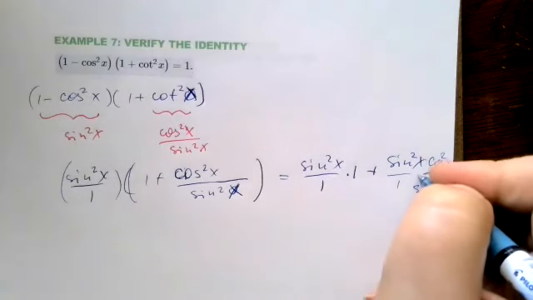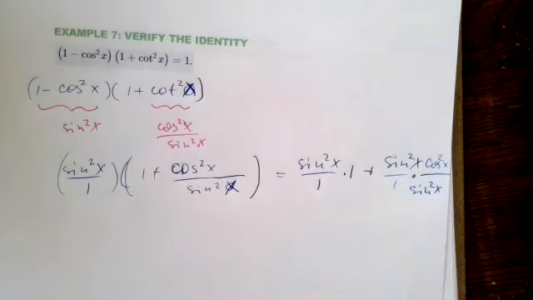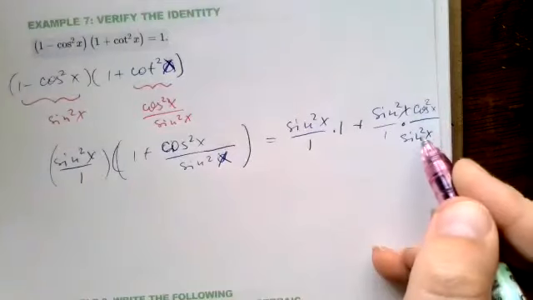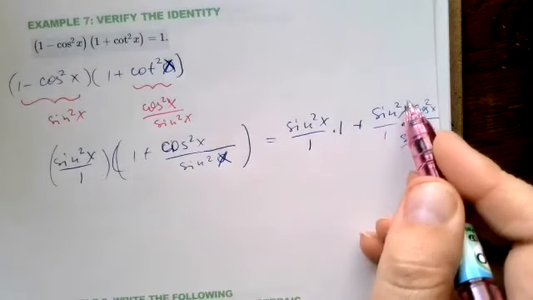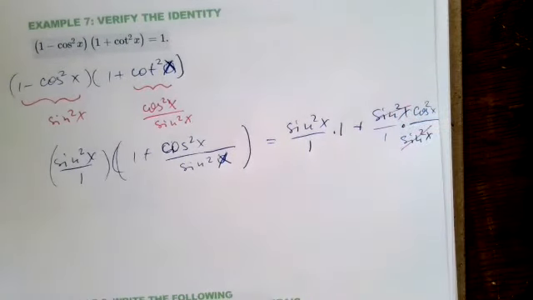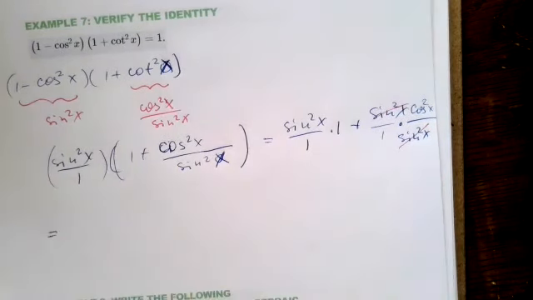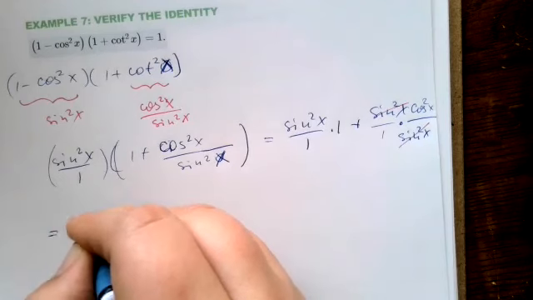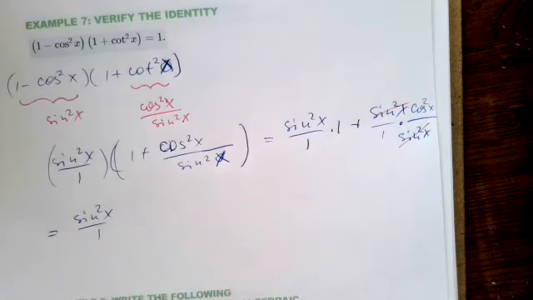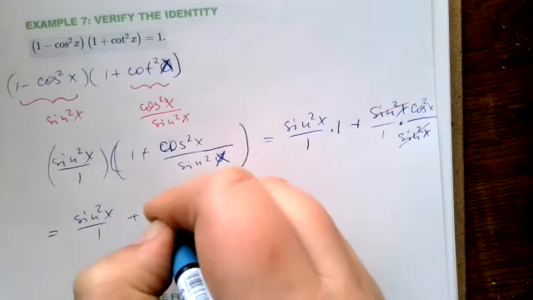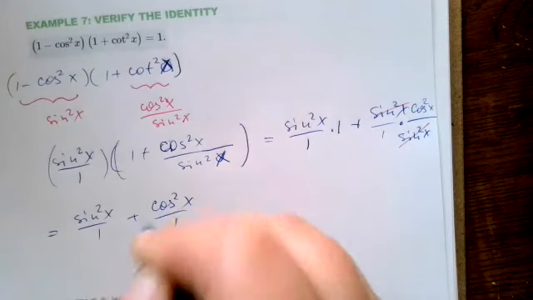Well, since we have a multiplication sign here, I can cancel common factors. So I'm left with sine square x over 1 plus cosine square x over 1.